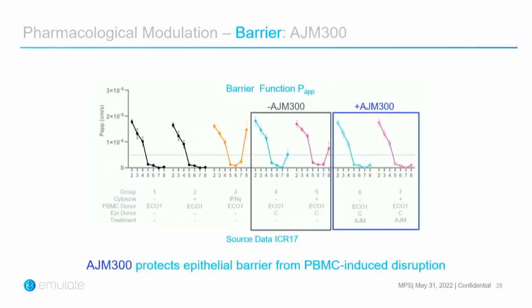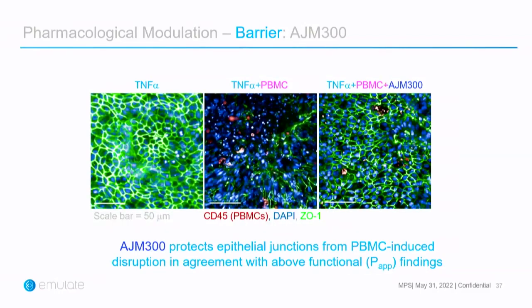And lastly, if we turn to the barrier function, we can see that, not shown here, dexamethasone had a pretty marginal effect, but AJM, in keeping with its efficacy at the level of recruitment and cytokine suppression, really nicely protects the barrier, or keeps the barrier intact and protects it from the immune cell recruitment, as is further reflected in the protection of the tight junctions.